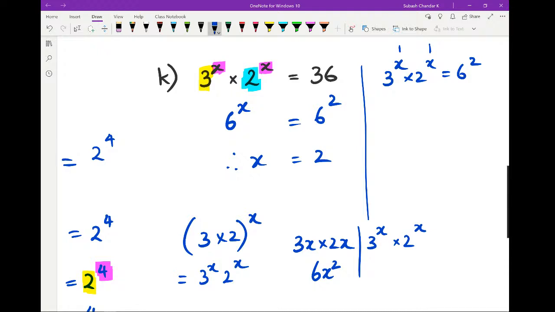Yeah, so because it's powers, this would be 6 to the power of x. Is that okay now?